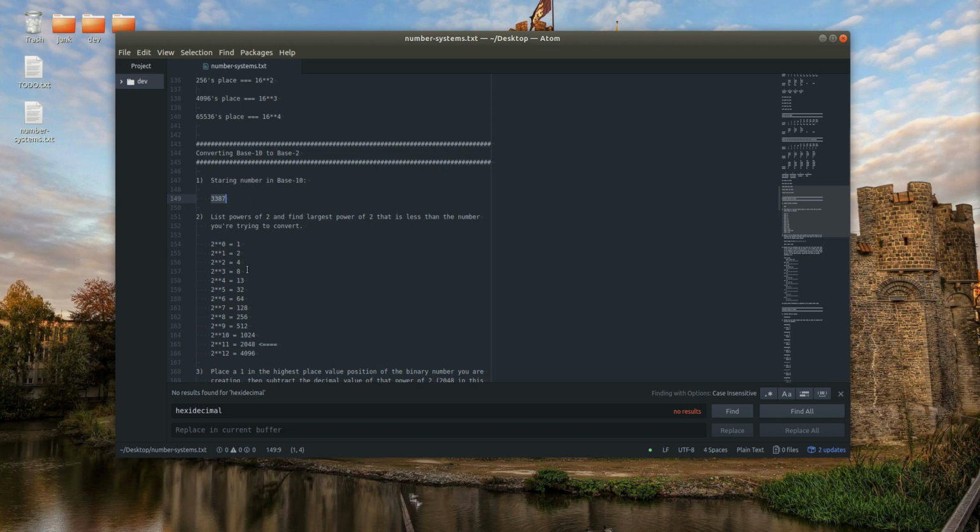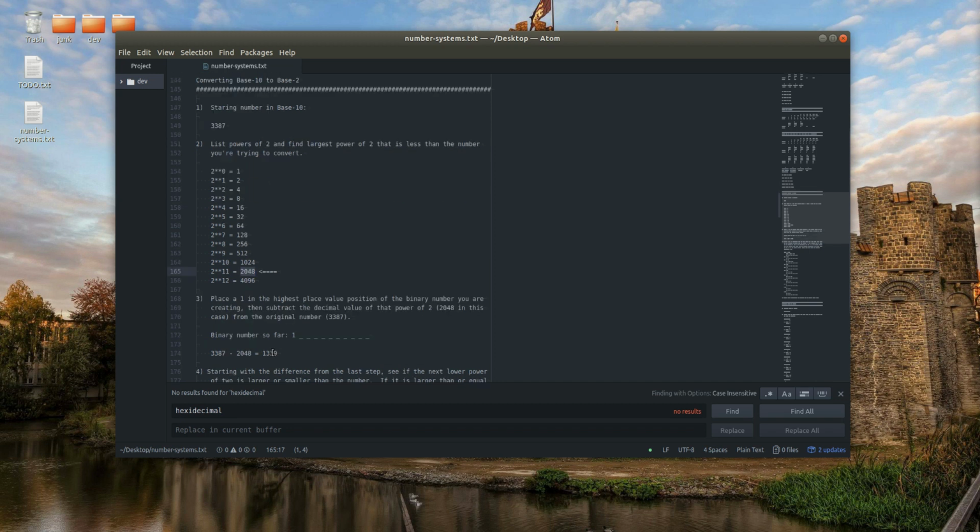We've listed these out: 4, 8, 16, a couple typos here, 32, 64, 128, 256, 512, 1024, and 2048. Okay. Once we go to 4096, that number is bigger than the number we're trying to convert. So we go back down. 2048 is where we're starting.